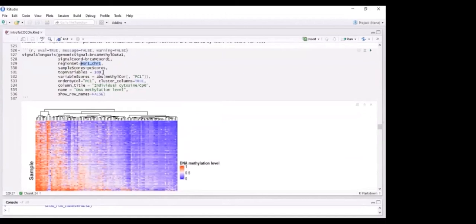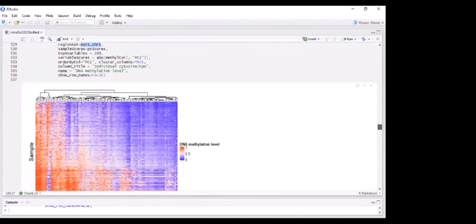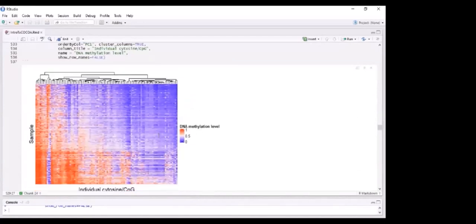These are the 100 variables that are most correlated with DNA methylation level and are also overlapping our region set of interest. We've chosen our order by column as PC1, which means that we are ordering our samples, our rows, by the principal component 1 score. So you can see that along principal component 1, there is DNA methylation variation in the estrogen receptor binding regions.